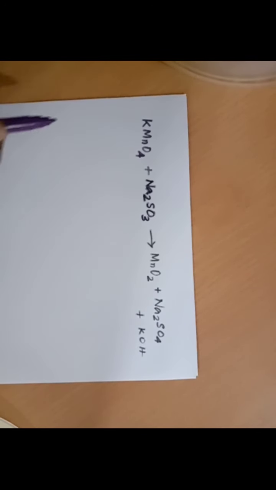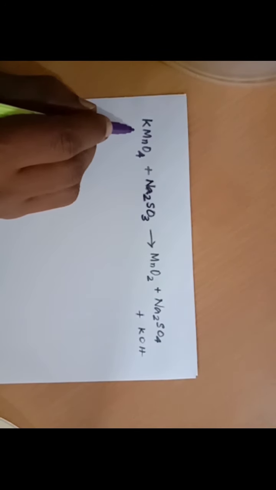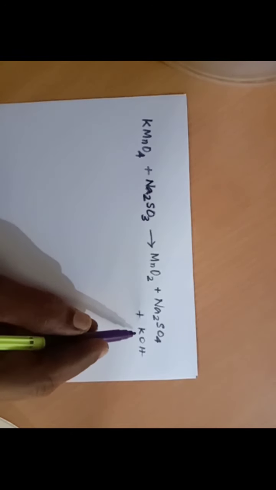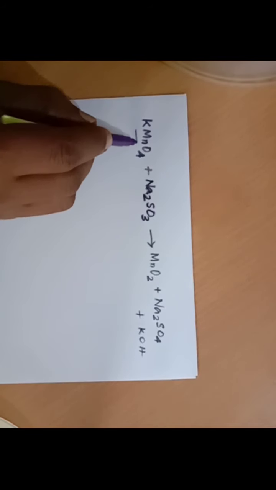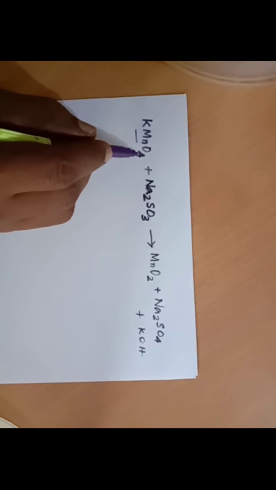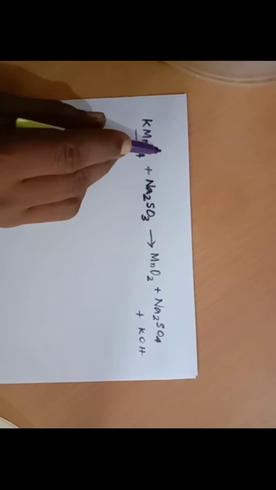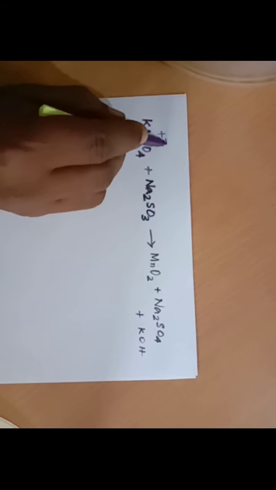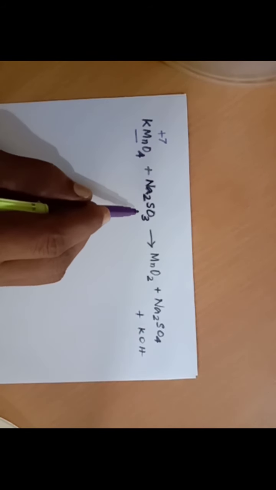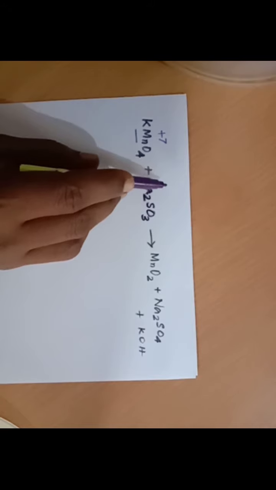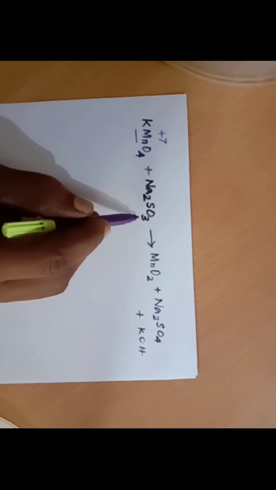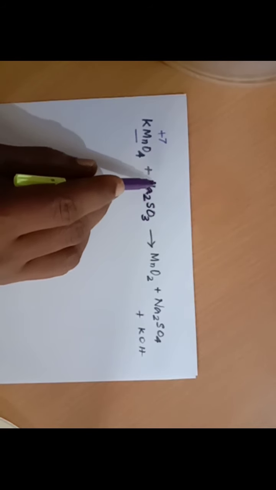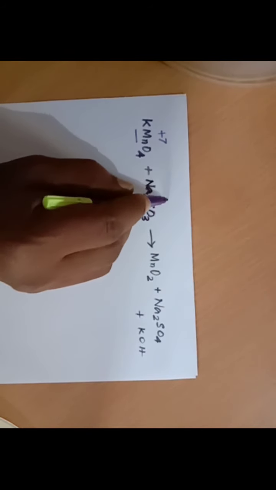First, we find the oxidation numbers of reactants and products to see which differ. Potassium is the same in reactants and products. Now for Mn, oxygen has -2, so 4 into -2 is -8, plus 1 is -7, so manganese is +7. In Na2SO3, Na has +1, so 2 Na is +2. Oxygen is -2, so 3 into -2 is -6, plus 2 means +4.